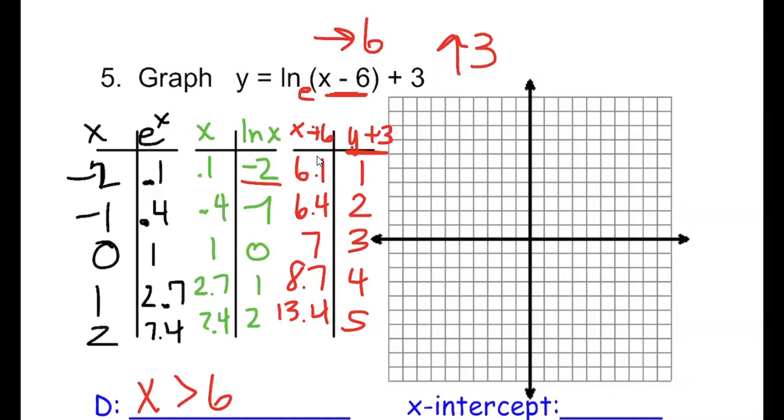We decided that our asymptote was at 6. I don't know why it dots for me at the top, but not the bottom. I have no clue.